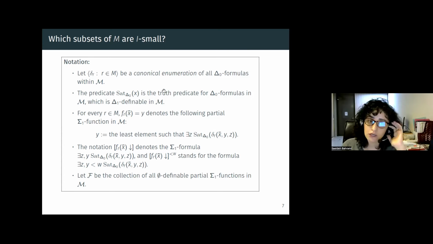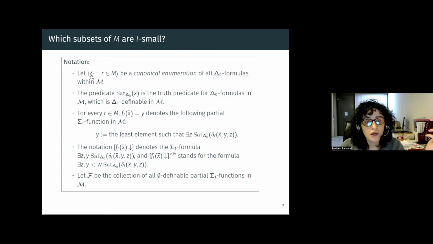Whenever we are working in a model of I sigma 1, we can code every delta zero formula, and we can canonically enumerate all of these delta zero formulas. Note that these formulas can be non-standard, but we can enumerate them in a canonical way. What do I mean by a canonical way?